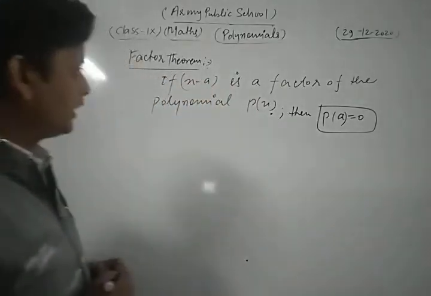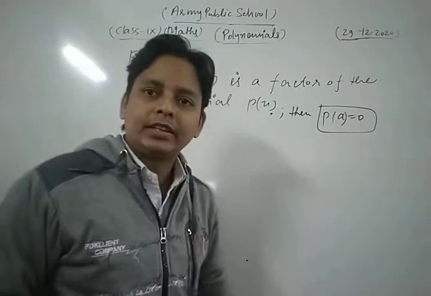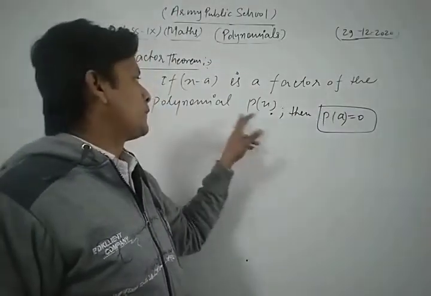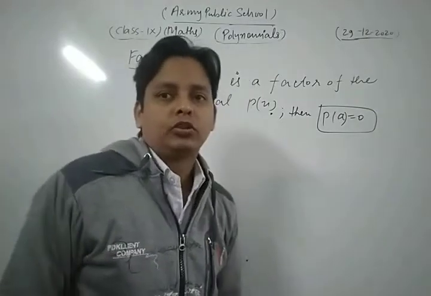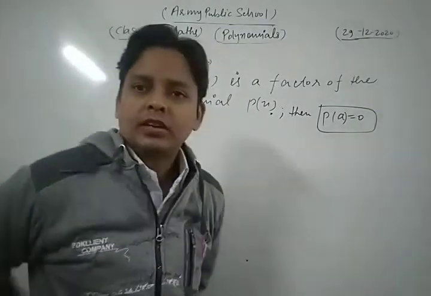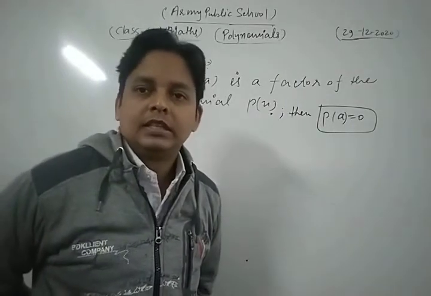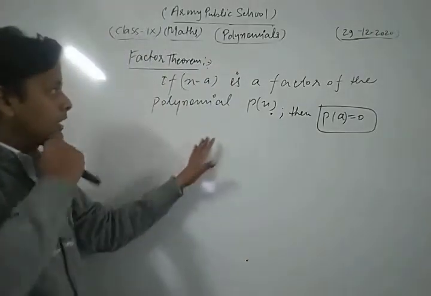According to the factor theorem, if x minus a is a factor of the polynomial p of x, then p of a must be equal to, dear students, what? 0. This is one of the most important concepts related to the factor theorem.